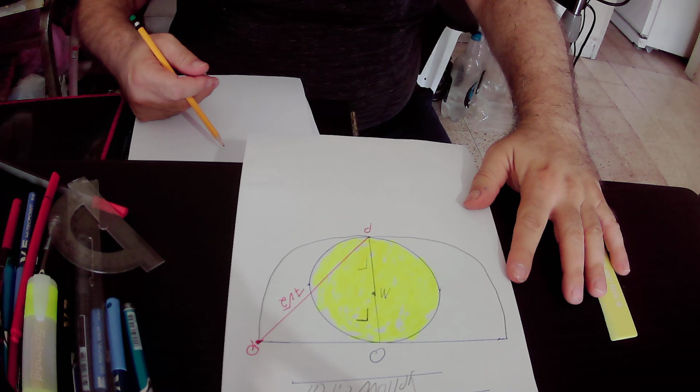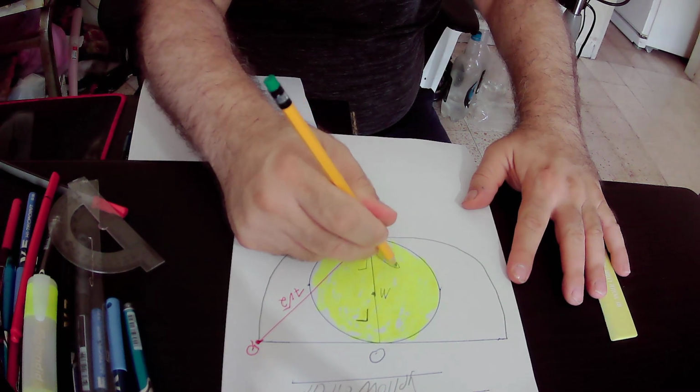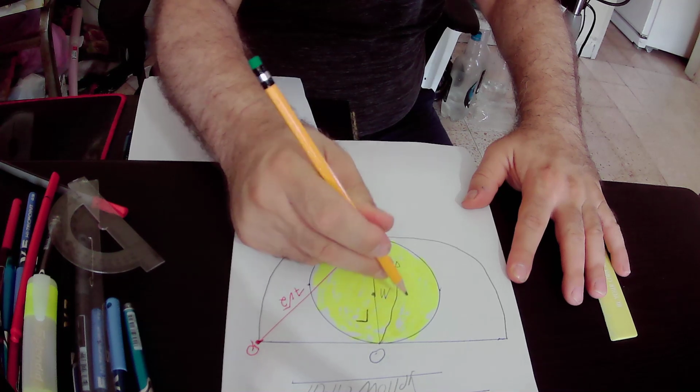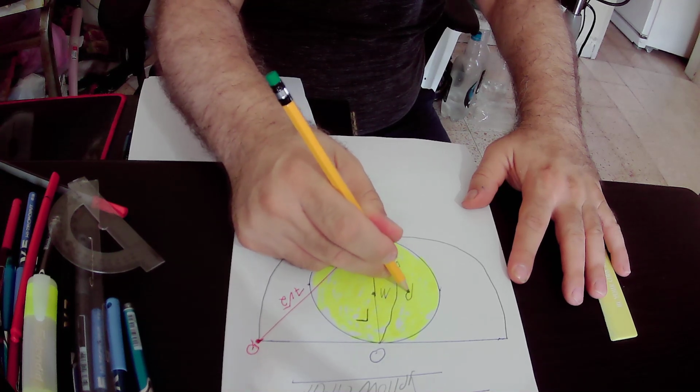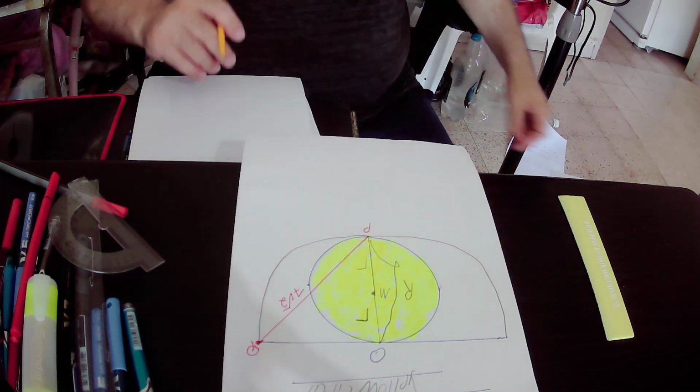So we can mark it as capital R. So capital R equals the radius of the semicircle. Okay?